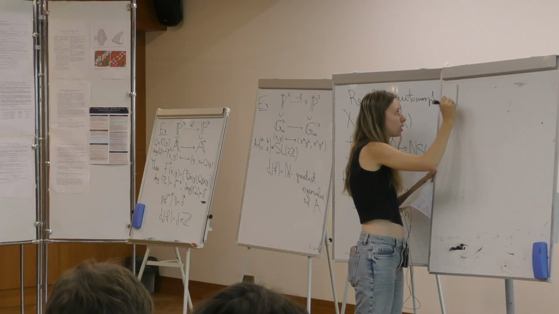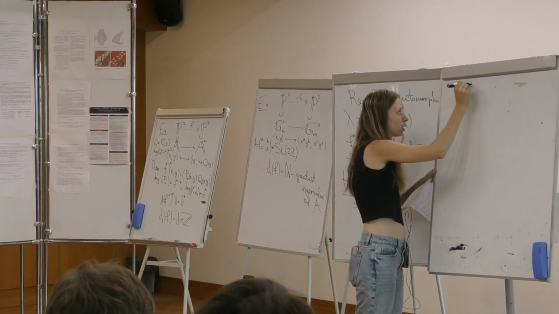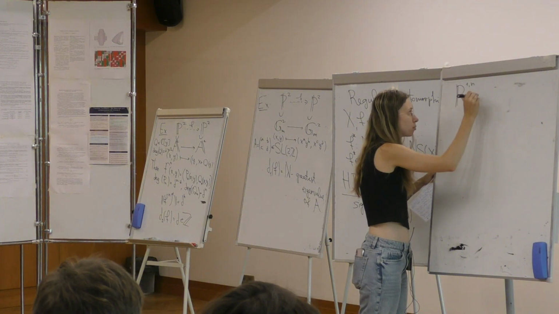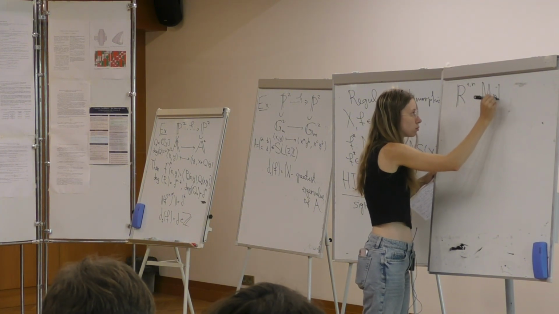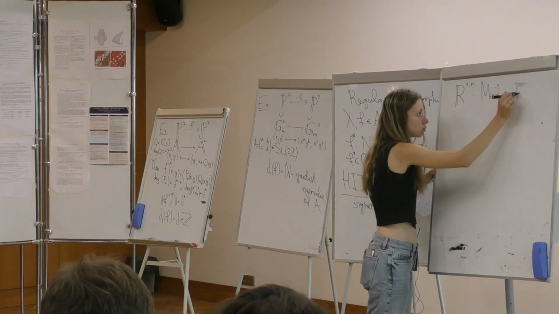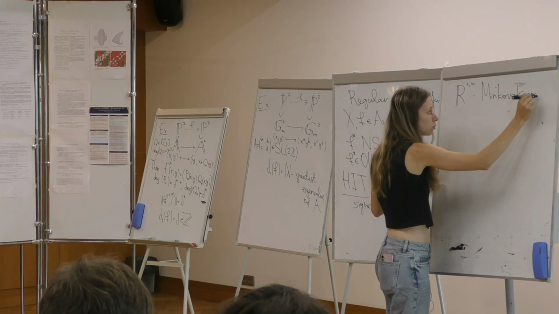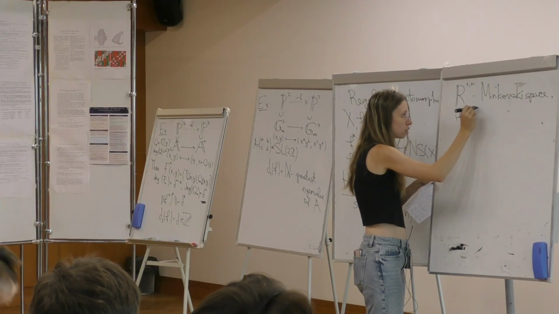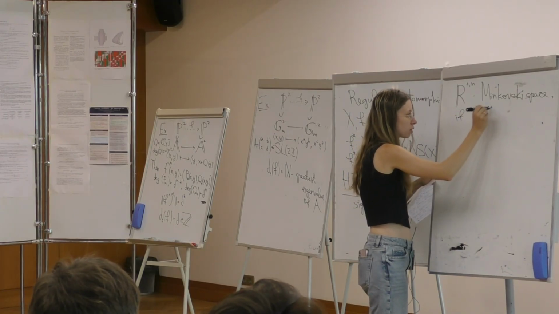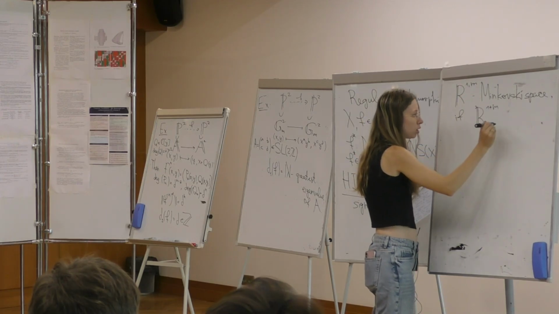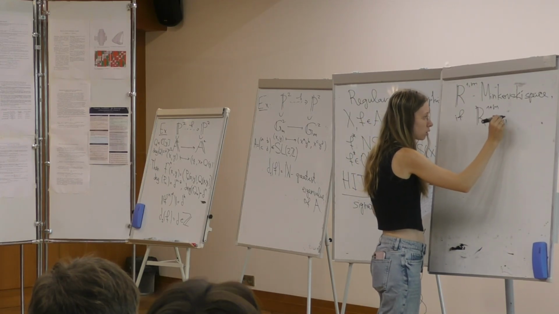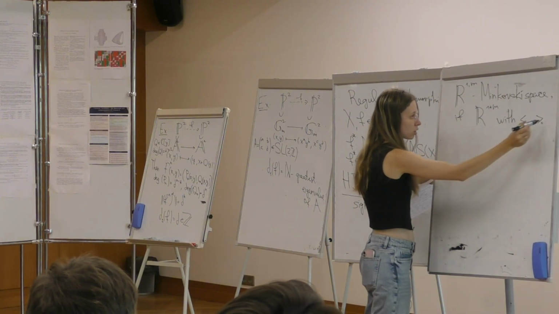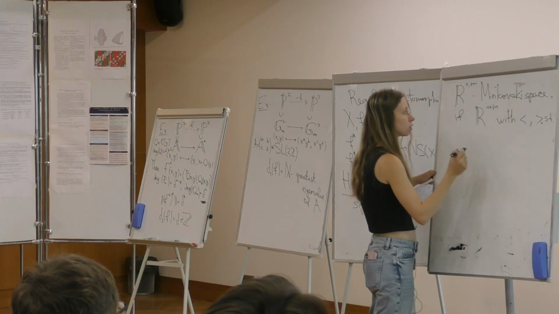We will say that R^{1,m} is Minkowski space if it is R^{1+m} with a quadratic, symmetric form, such that the signature is (1, m).